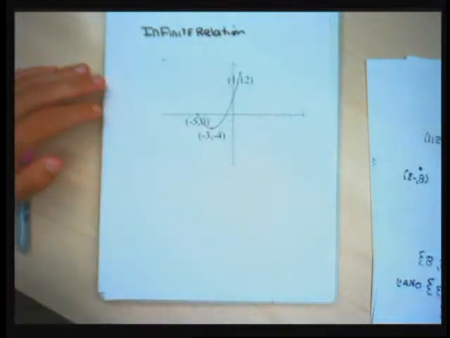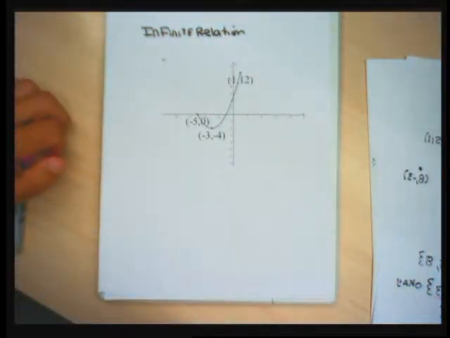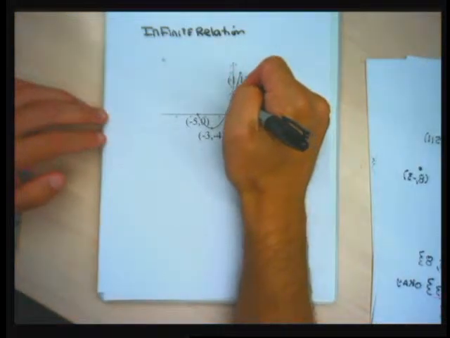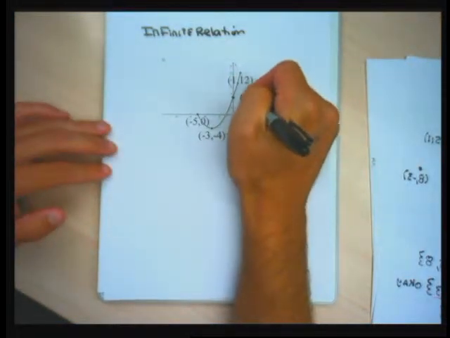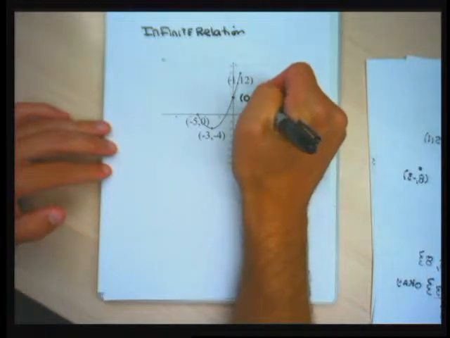And even though I have 3 points drawn, there are definitely more than 3 points on this graph. Specifically, here's a point that's not drawn or not marked, but it's a point on the graph. I believe that's about the point 0.05, but I could be a little bit off.